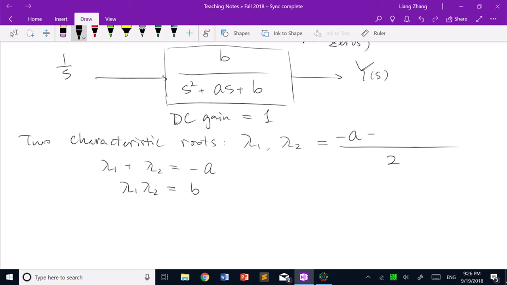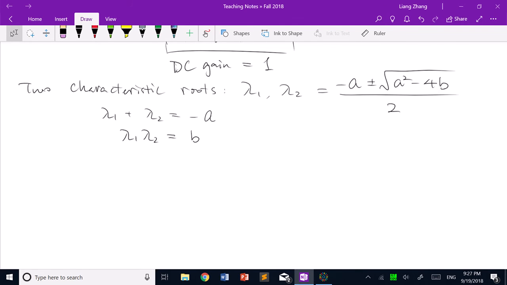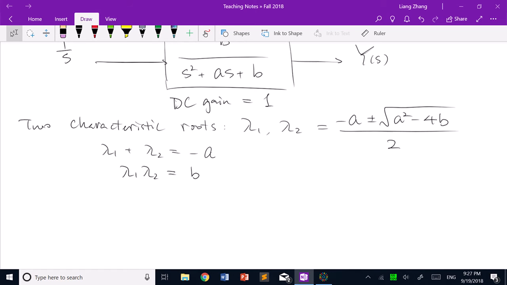And of course, lambda 1 and lambda 2 will be equal to, in this particular quadratic equation, this. And of course, in the square root, they can be real numbers, they can be complex numbers. We didn't really have to say they are real numbers. They can be complex as well, but they both will take this form.